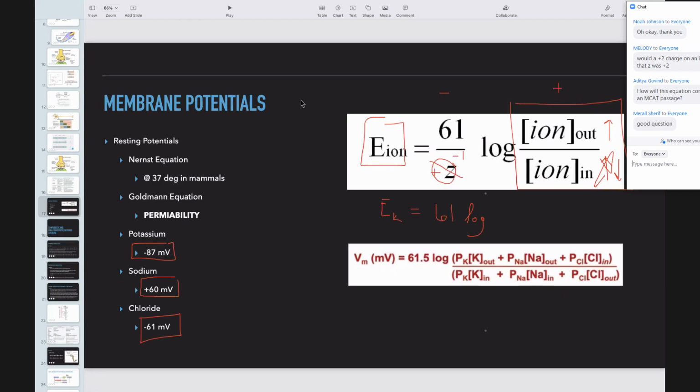And then just by comparing the concentrations of out versus in, which one's bigger, which one's smaller, and putting that into a ratio and telling you, hey, is the log ratio less than or equal to 1? It'll tell you the sign, so the positive or the negative of that term.